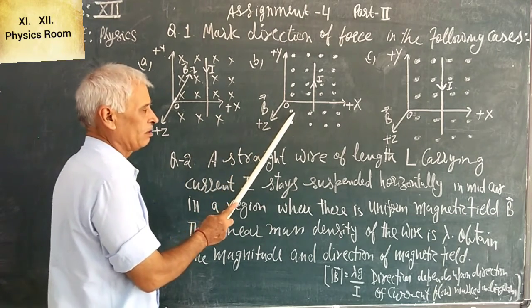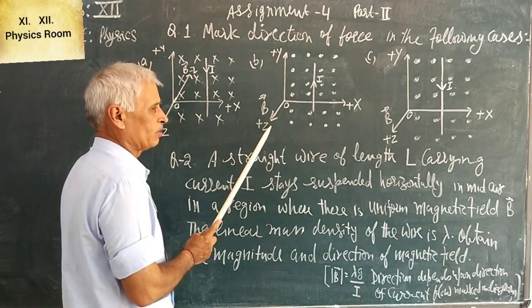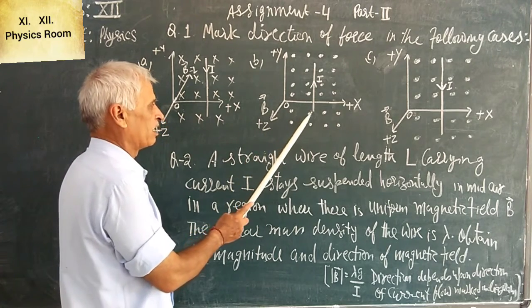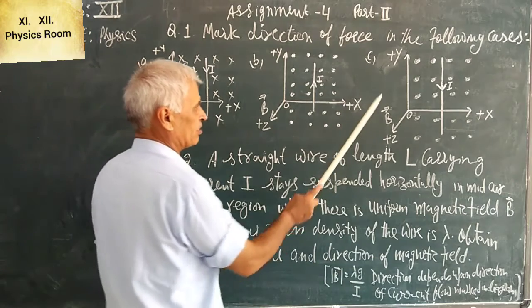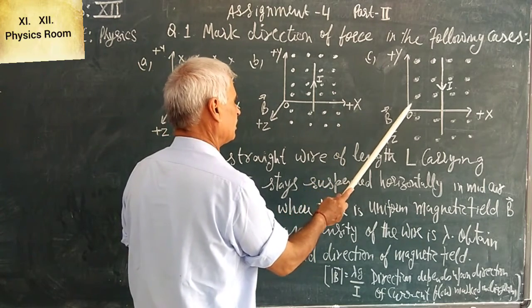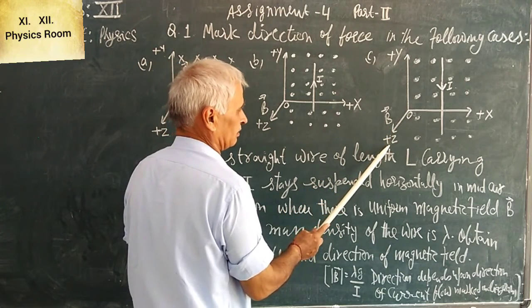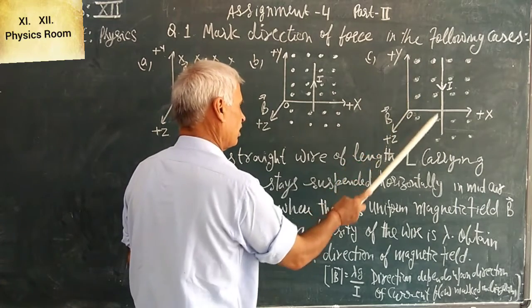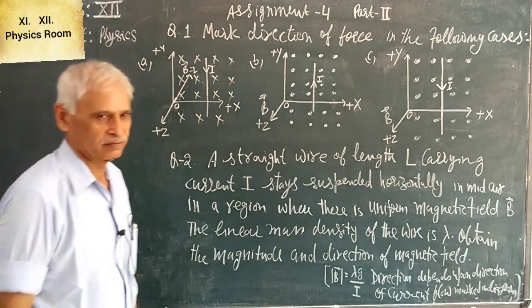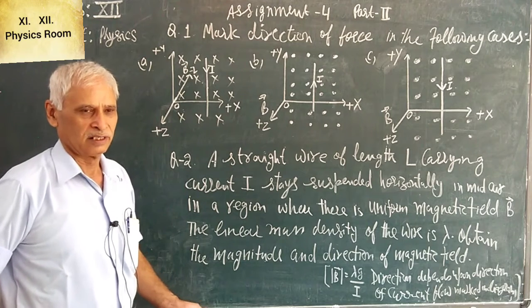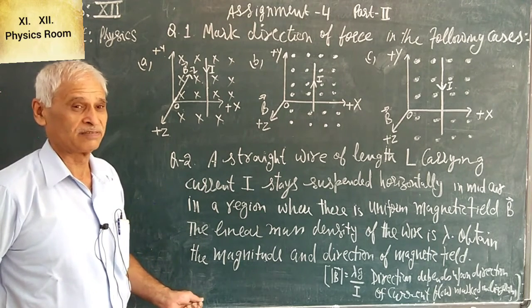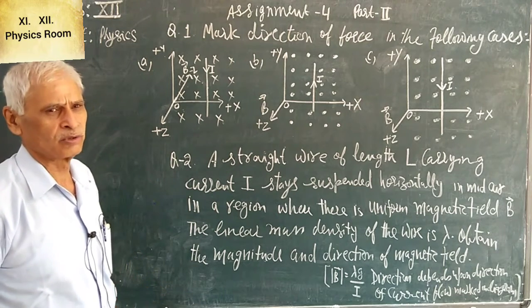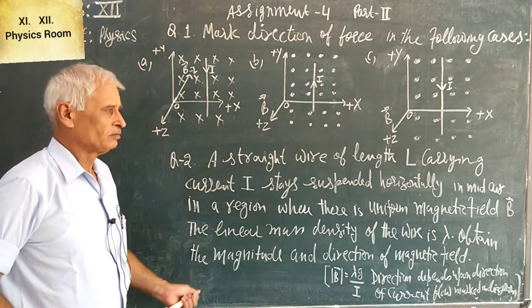In case B, magnetic field is directed along positive z-axis and current is flowing along positive y-axis. And in case C, magnetic field is directed along positive z-axis and current is flowing along negative y-axis. And you are to mark the direction of force using Fleming's left hand rule or corkscrew rule you can also apply.